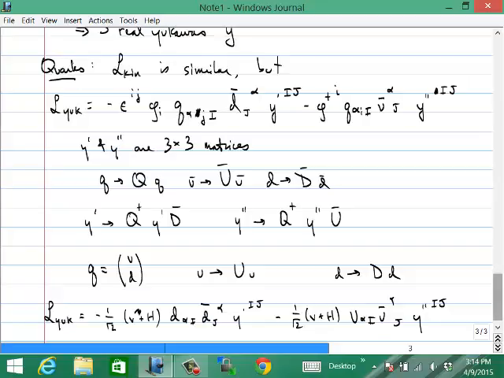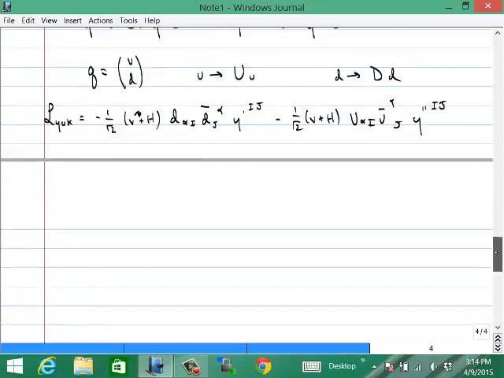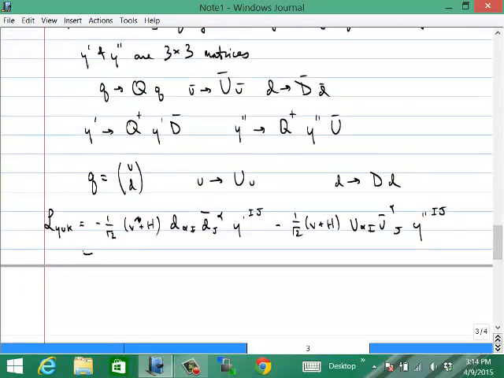And now, if you allow yourself to make separate complex rotations of the ups and the downs, along with making those rotations on the up bars and the down bars, then you can make all of the Yukawa couplings diagonal.